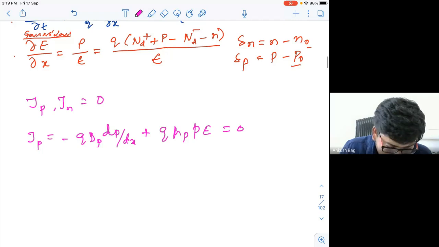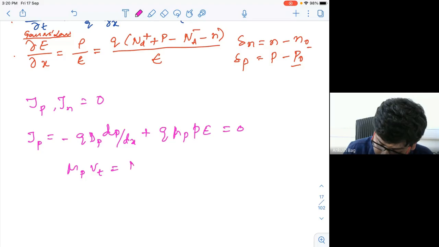Another relation we know is Einstein's relation, which relates mu, the proportionality constant for drift current, with the diffusion constant. Here we can write mu_p times Vt equals D_p.